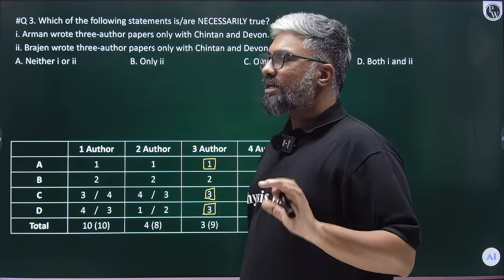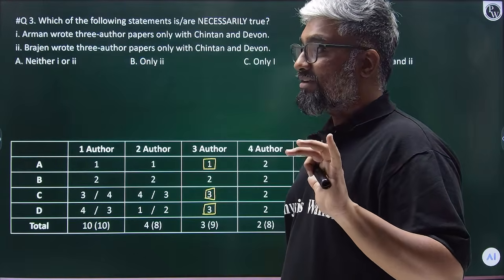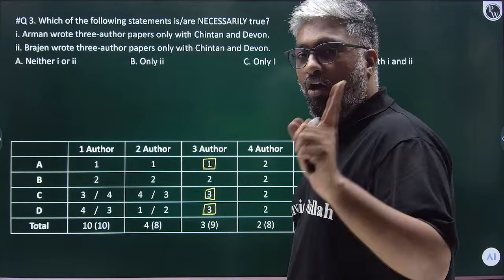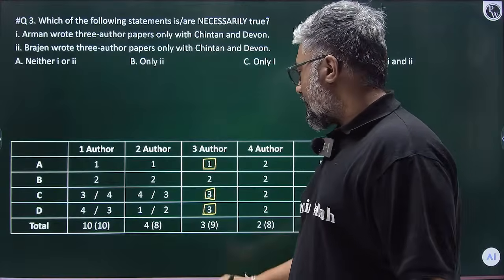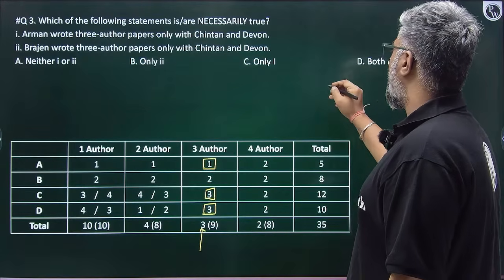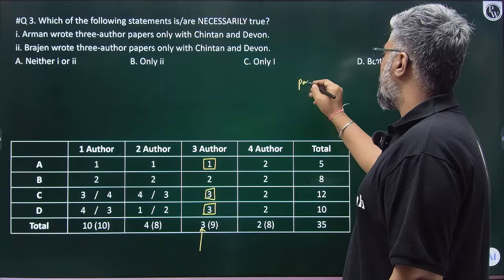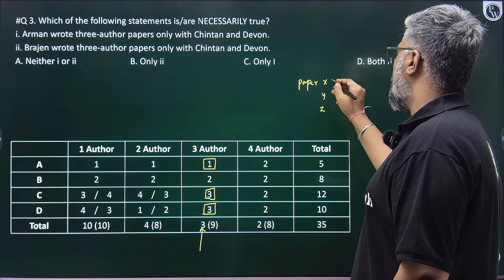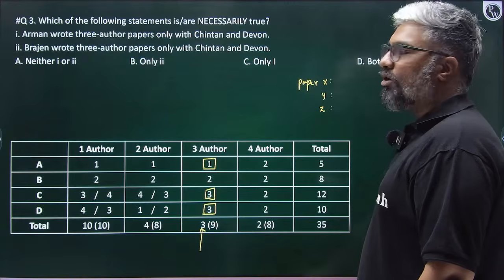So here the understanding is, we would think it is not, but hold on, hold on. Think about this. How many total 3 author papers are there? Three author papers are there, correct? So let's call it paper X, paper Y, and paper Z. Okay. These are the 3 author papers.